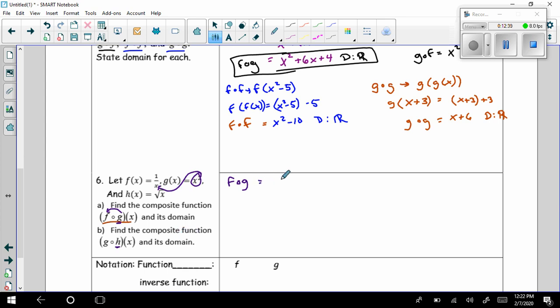So that means that we have 1 over x squared. The domain for this, we have a domain restriction at 0 because it's a rational expression. So we go negative infinity to 0, and then 0 to infinity.